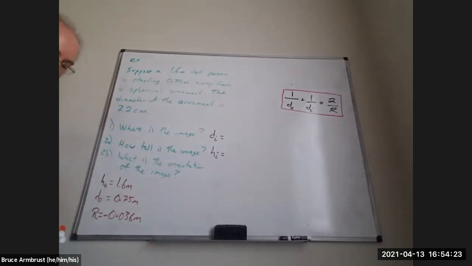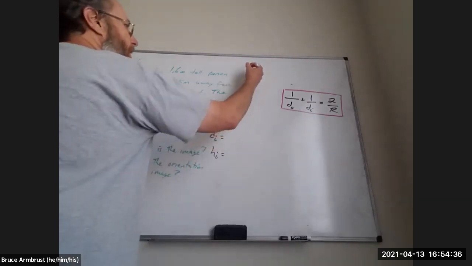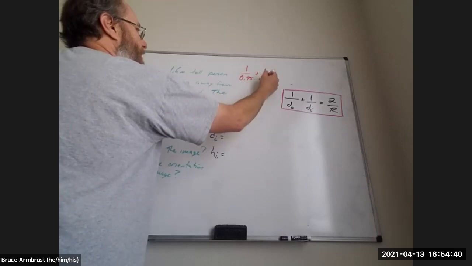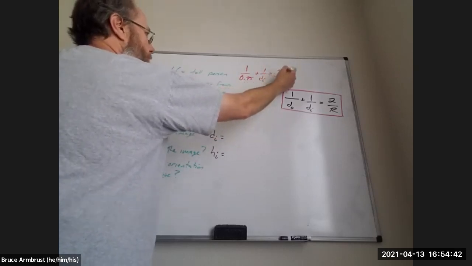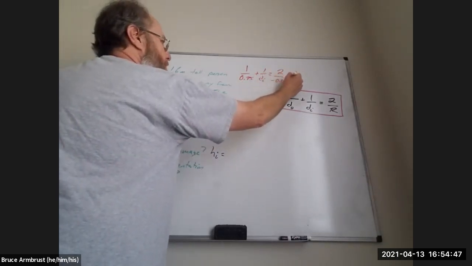So we're just going to use the formula that we've got up here. It's still surrounded there in pink. But let's put in our numbers that we have. So we've got 1 over 0.75 plus 1 over DI is equal to 2 over negative 0.036.